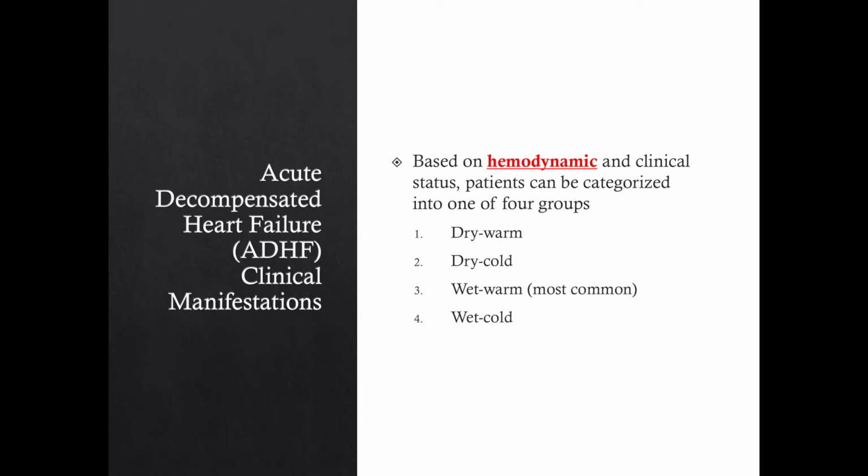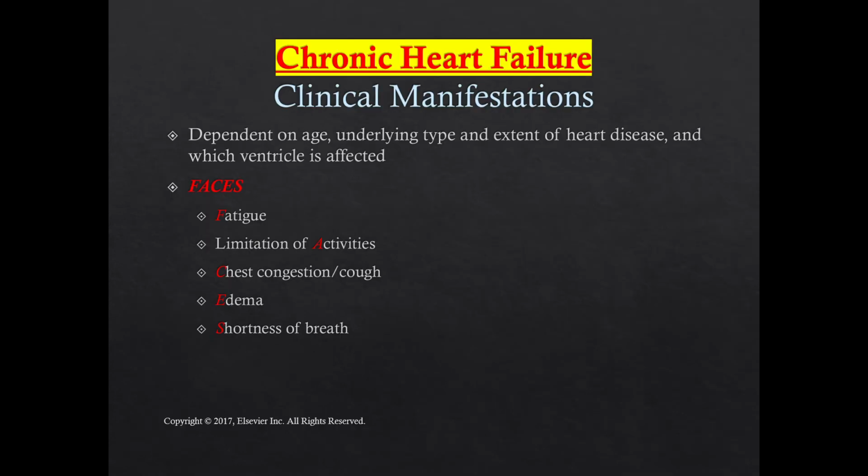They may be wet because of volume overload and congestion and be short of breath, but they may still be warm because they have warm skin, positive pulses, and they're not getting pallor or blue extremities. They're still warm because there's adequate perfusion. So they're wet but still warm. That's generally a good sign. When they start getting wet and cold, that's significantly worse than wet and warm. And again, wet and warm is the most common one that you'll see in a lot of patients.